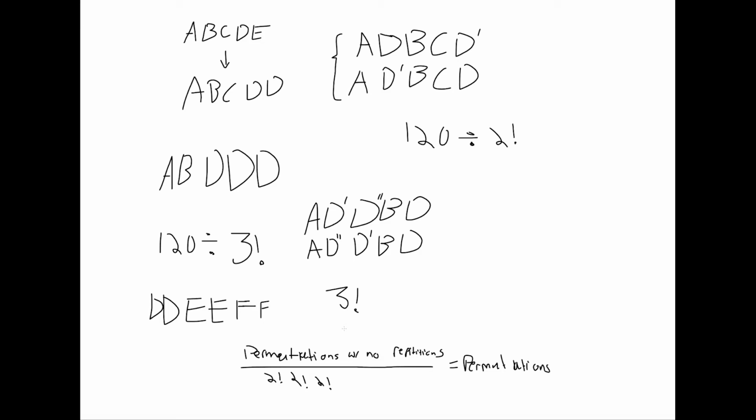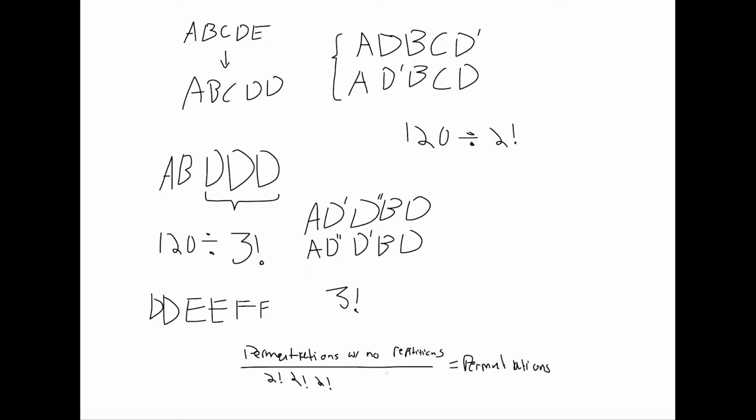Just to recap, because this is pretty much the end of repetitions in this video, the reason we divide by the number of repeating elements, in this case we were using letters, so I'll use D as an example. There were 3 D's, so we're dividing by 3 factorial.